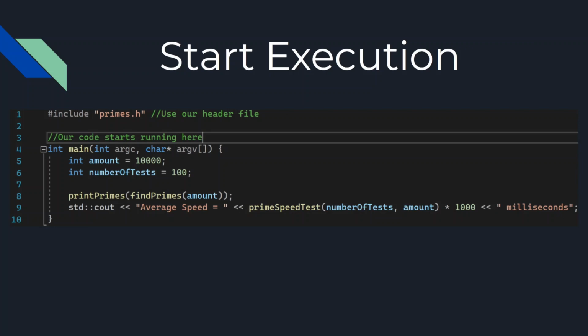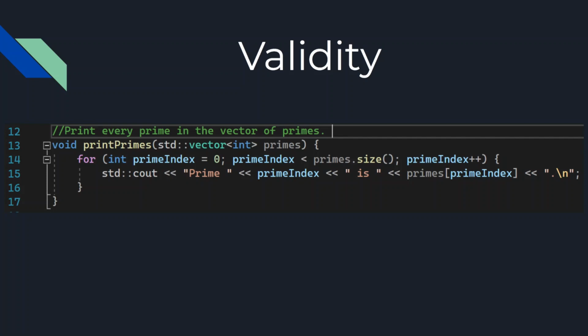Well, how do these methods work? So let's say we're looking at how we print primes. We take in the vector of primes that we found, and we index through each prime in the vector. We start at the 0th index.